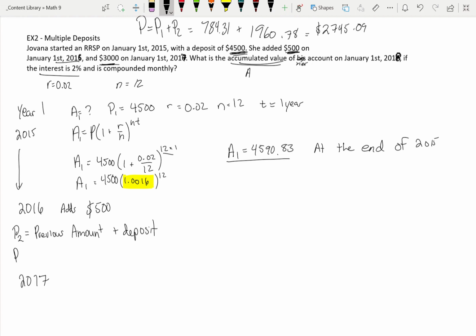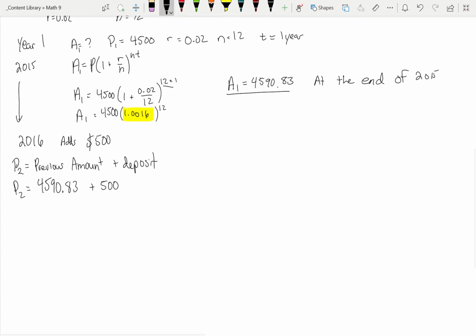So in this case, P2 is equal to $4,590.83, and I'm going to add $500 to it because that's how much she put in at the beginning of the year.